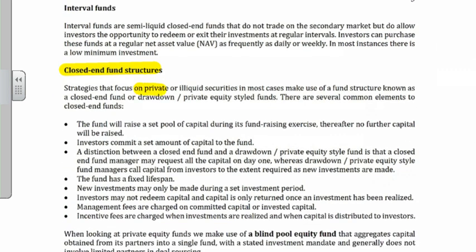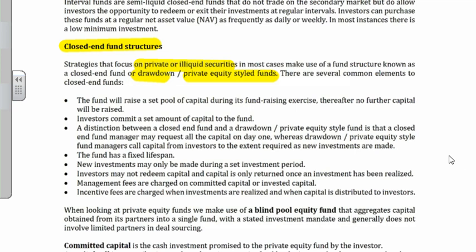They focus on private or illiquid securities in most cases. They're often referred to as a drawdown or a private equity styled fund. How would it work? The fund will raise a set pool of capital, however much they're looking to raise during their fundraising exercise, and being a closed-end fund, no further capital will be raised.